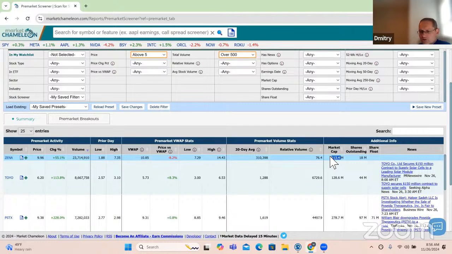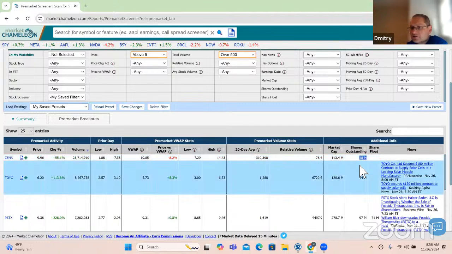When we look at these stocks, we also want to get a sense of the trading volume relative to the number of shares out there. How many shares are out there, and how many shares are changing hands? How active is it on a relative basis? So here we see the total number of shares outstanding is 18 million.